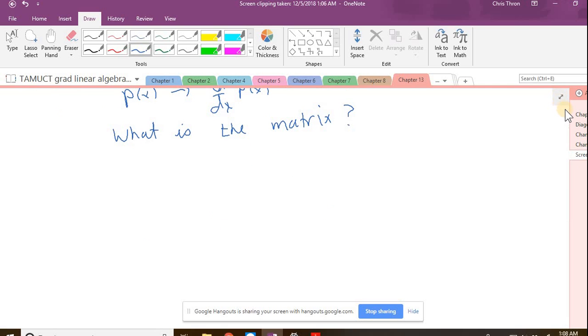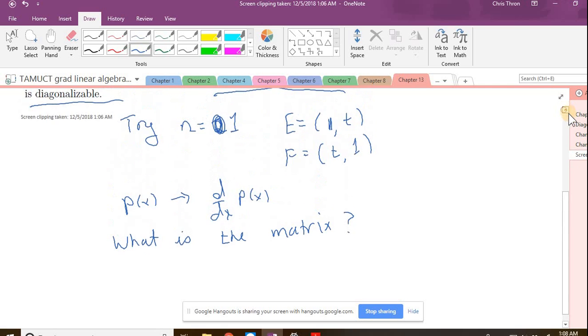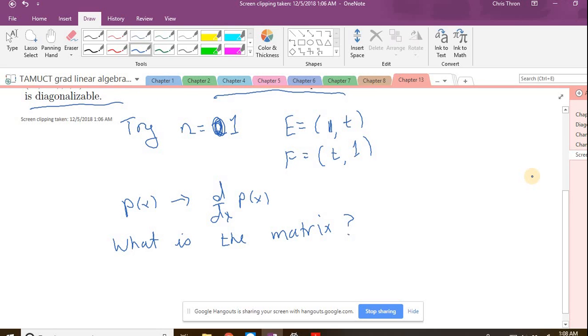Oops, sorry. You still with me? What do you mean the derivative of E? Well, E is a basis. These are two different vectors. You can only take the derivative of a vector one at a time.